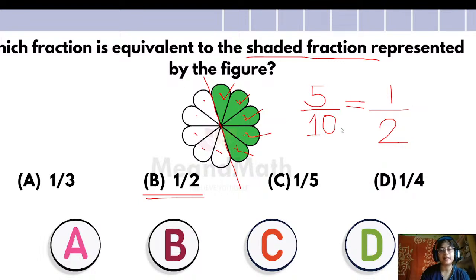So 5 by 10 is equivalent to half, because 5 is half of 10. That means half of the flower is colored. So this question is clear to all of you, and most of you have given the correct answers. So, congratulations for that. That's great. And those who are still confused between B and C, I hope you have understood now.